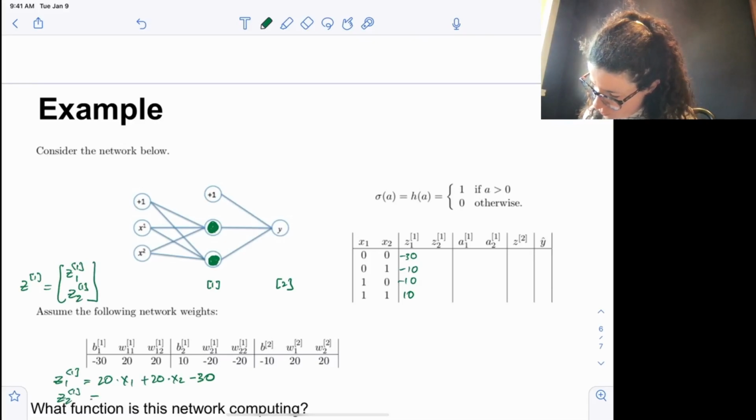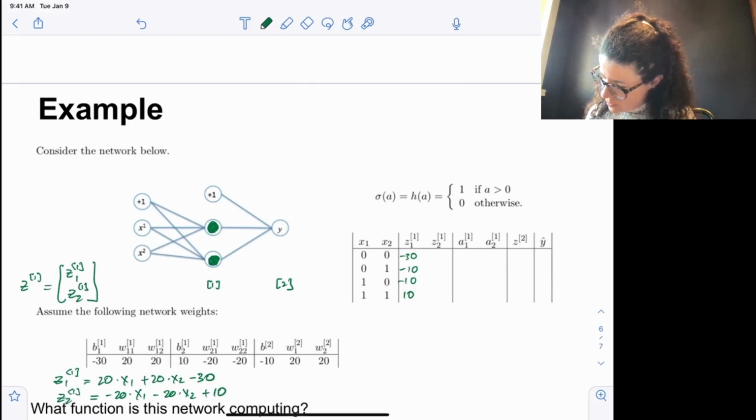But for the second one we have minus 20 times x1 minus 20 times x2 plus 10. So in the first case we get 10. In the second case we get minus 10, right? Because we get minus 20 plus 10.